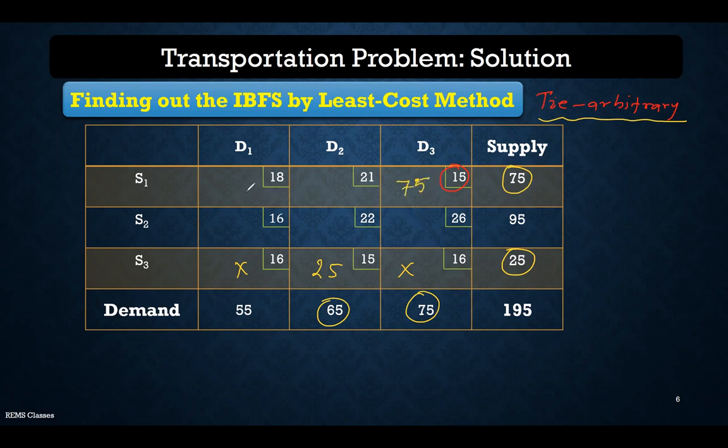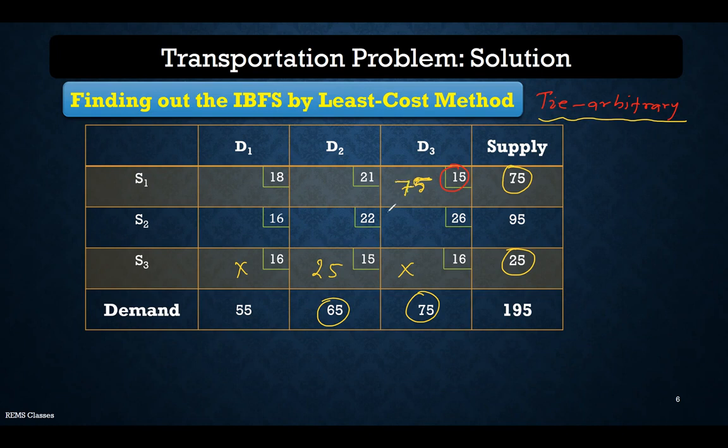So either we can cross the supply row or this particular column. Better we will not cross both the row and column at a time, because here it will not give any problem. But in the next method, Vogel's approximation method, there will be an issue.